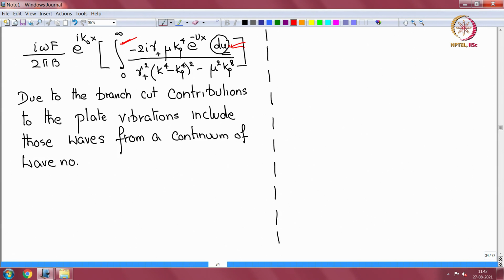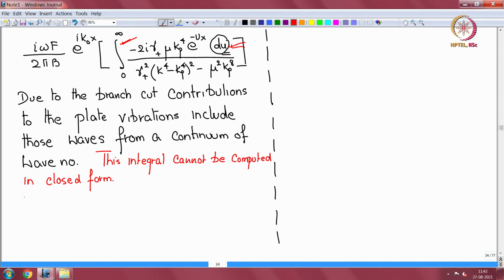Now this integral, the way it is, cannot be computed in closed form. It has to be done numerically, but here we are going to find some approximate value for it.